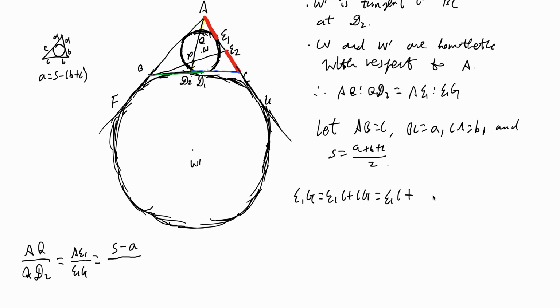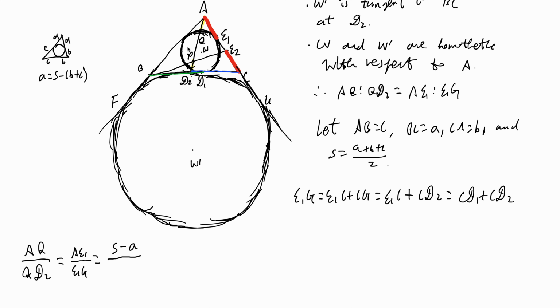CG is equal to CD sub 2. And what is E sub 1 C? E sub 1 C is equal to CD sub 2. What am I saying? Wait, it is indeed CD sub 1.